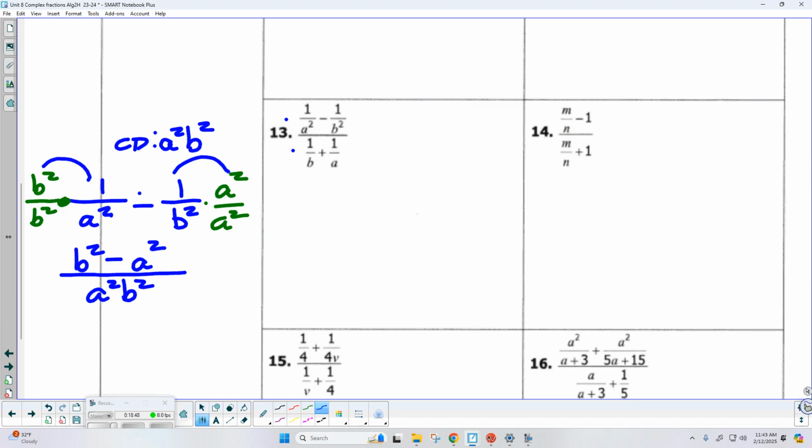Now you'll notice for this numerator right here, can that numerator do anything? Can it factor? That's a difference of squares. Okay. So I've got the a squared, b squared down below. Okay. 1 over a.